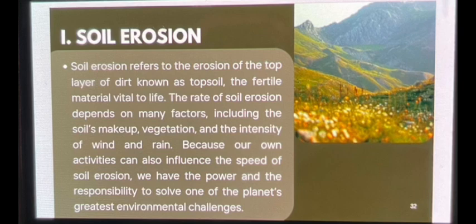So, soil erosion is when the topsoil gets washed or blown away. This happens when the ground is bare or doesn't have any plants, and also if it is exposed to strong winds and heavy rains. For example, in farming, plowing fields and deforestation, like cutting down trees, make it worse.